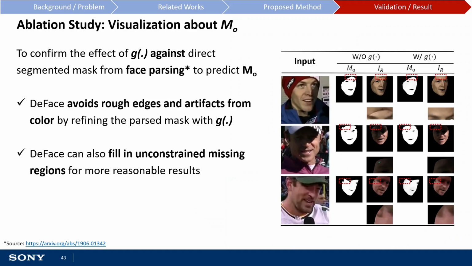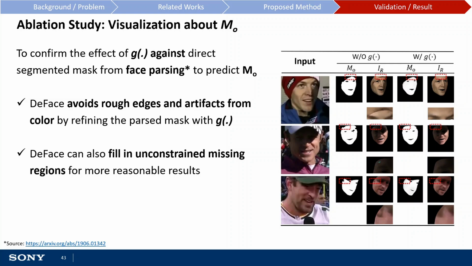Lastly, authors present an ablation study to confirm the effect of MLPG against directly using the segmentation mask from the face parsing network to predict MO. The circled parts of the figure show that the parsing masks may be inappropriate due to the limitation of generalizability.